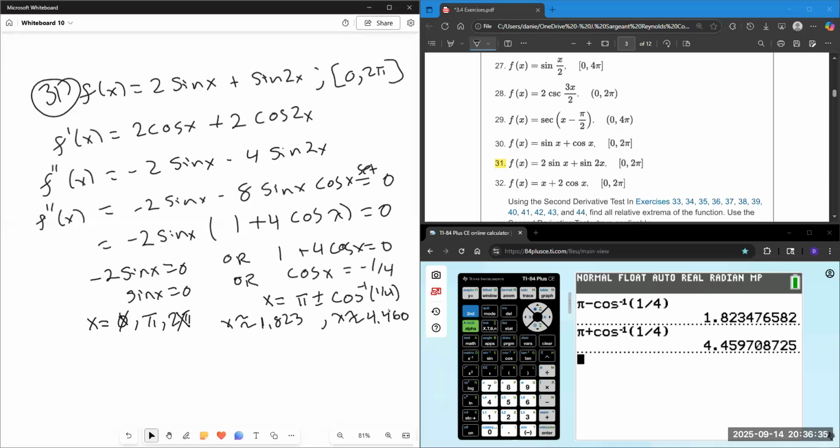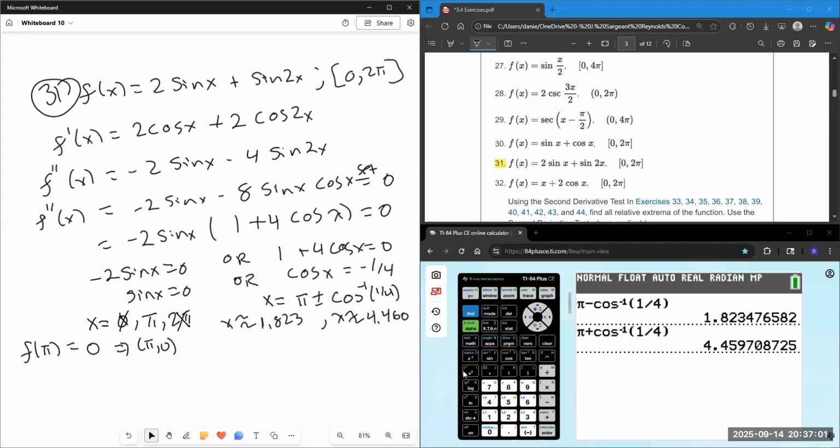Don't use these rounded values in your calculations for your point of inflection. Use the exact values so that you don't get rounding error on top of rounding error. So f of pi is exactly equal to 0, because 0 plus 0 is 0. So that gives the point pi, 0.